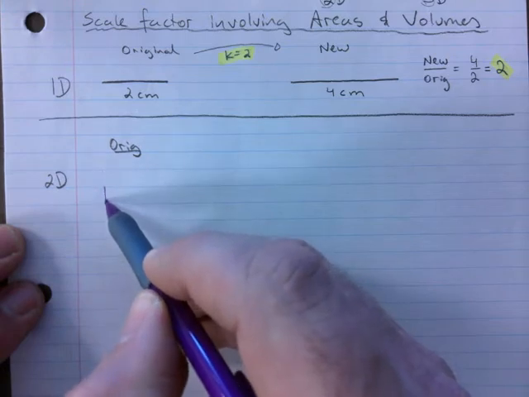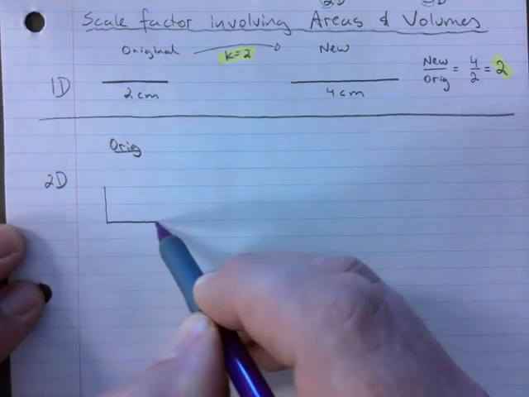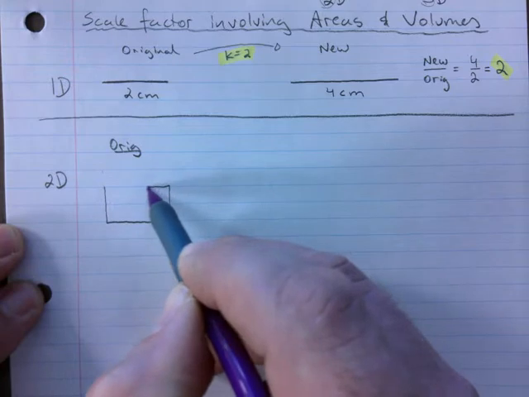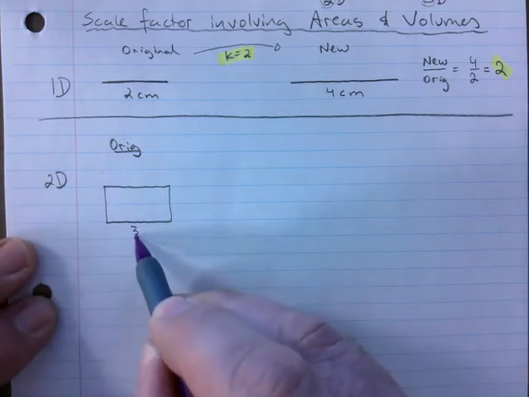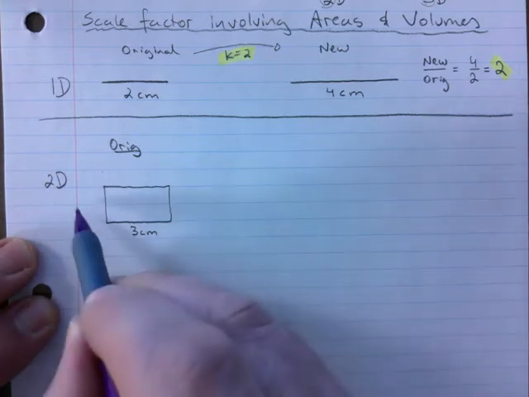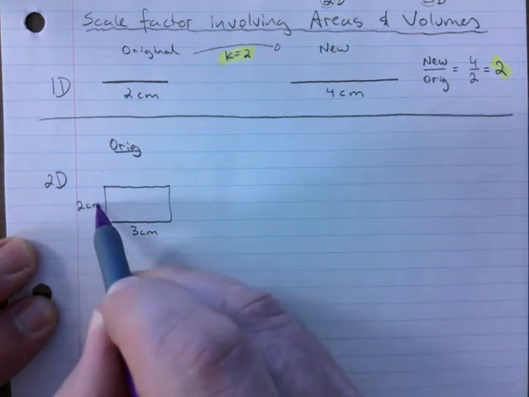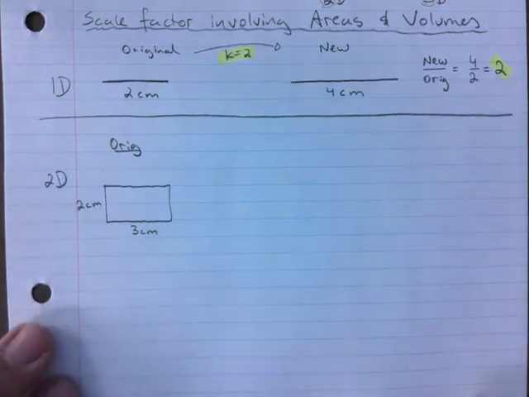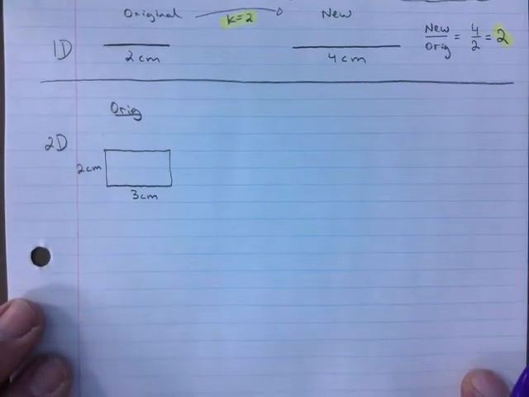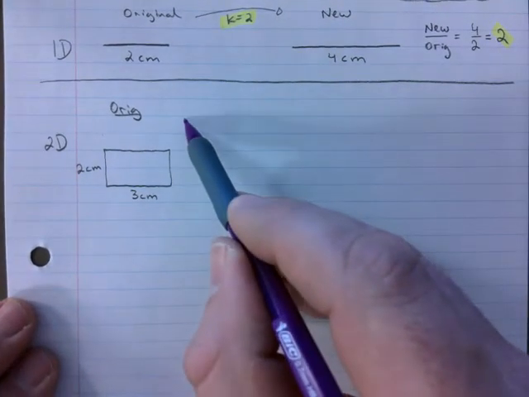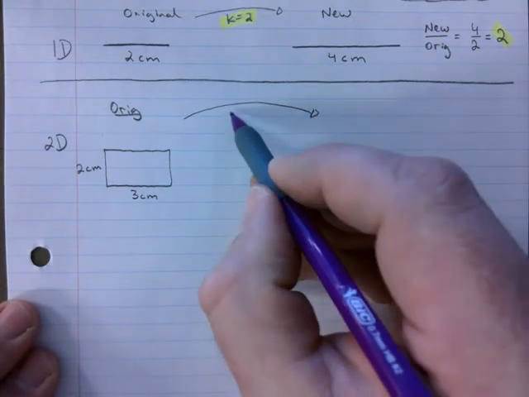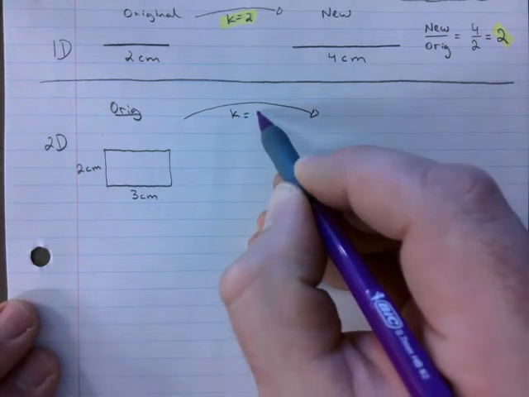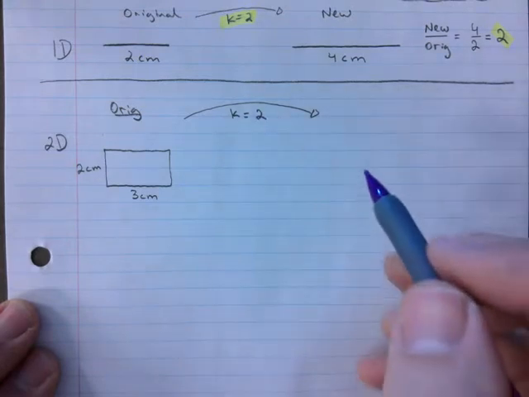But let's say we just have a rectangle like this. And we have 3 centimeters here and 2 centimeters there. And let's say you're taking that and making a replica, and just for now, let's double it. Let's make it twice as big.